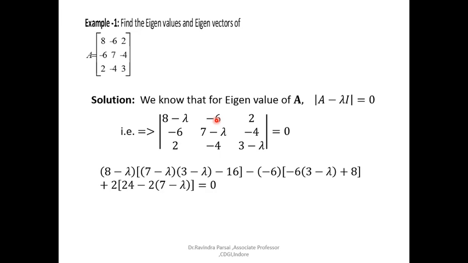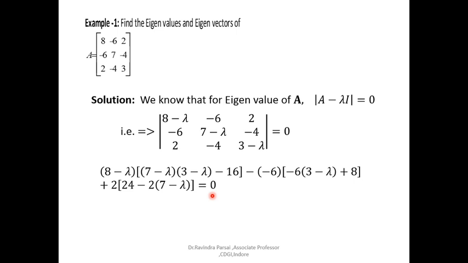Then for the middle element you take a minus sign, so minus of minus 6, and its minor is minus 6 into (3 minus lambda) minus of minus 4 times 2, which is 8. Then plus 2 times the minor of this element, which is 24 minus 2 into (7 minus lambda), bracket close, equal to 0.